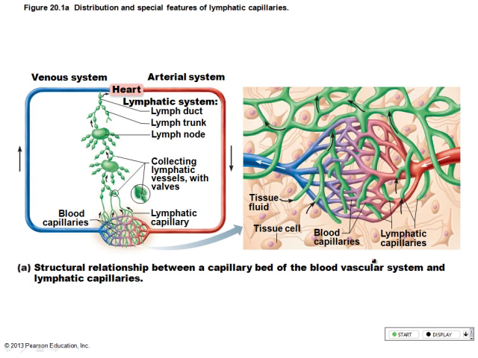So when things move out of the capillary beds, based on all of the factors we just discussed, and go into the surrounding tissues, we're going to drop things off, right?